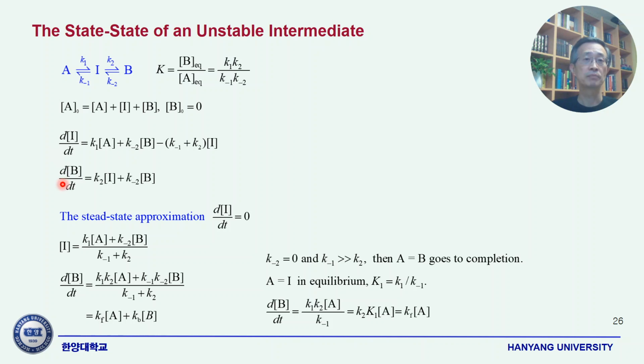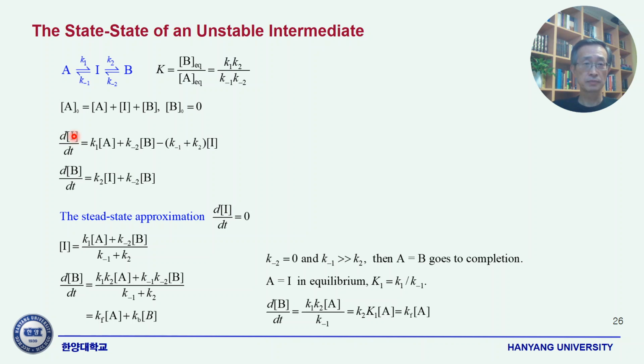And B production is k2I, and consumption is k minus 2B itself. I think there is a mistake here. There is a minus sign here. Yeah, I'm sorry.